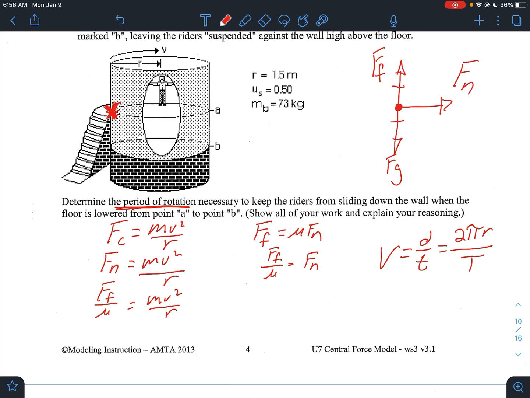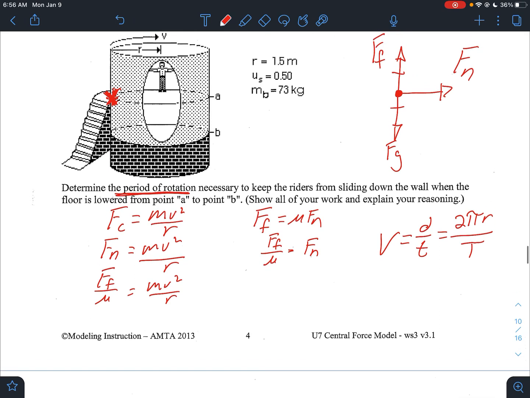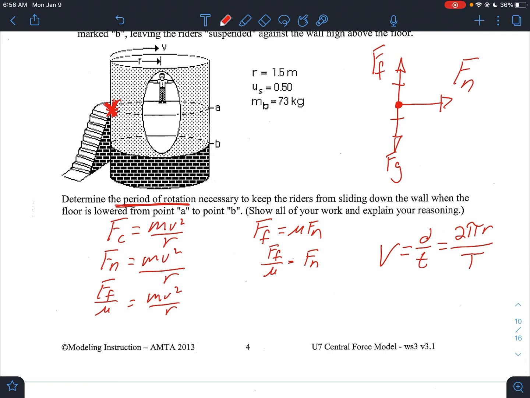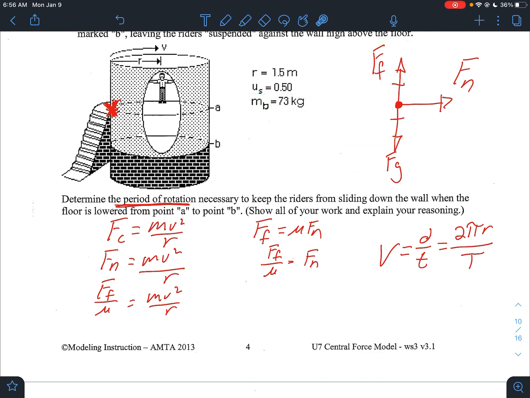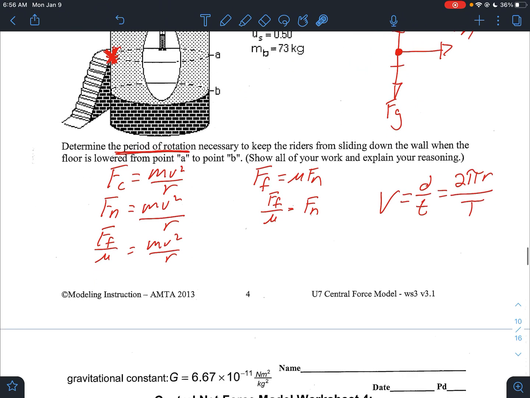Right now I could calculate the normal force because I do have some values here. I do know that force of friction is equal to gravity, and I know the mass of the passenger, so I know that is around 730 newtons. But I want to continue further to show you something.